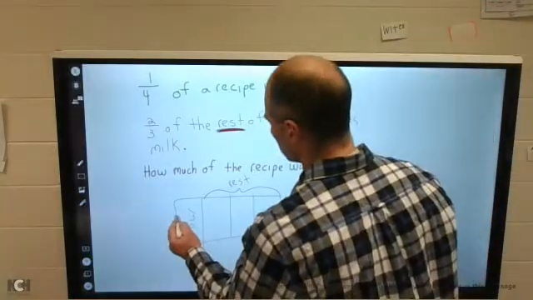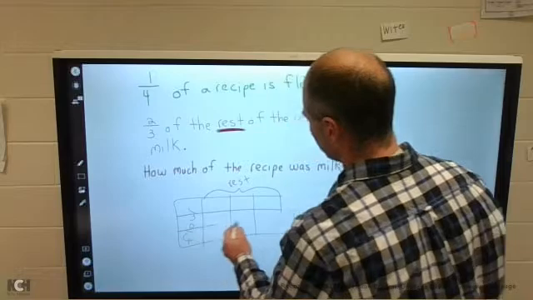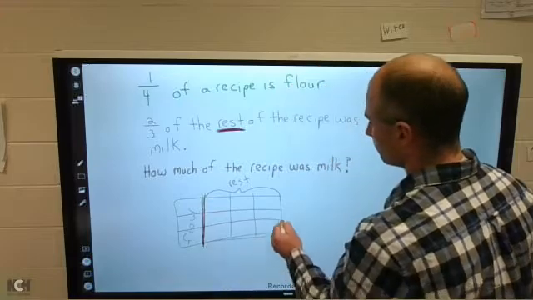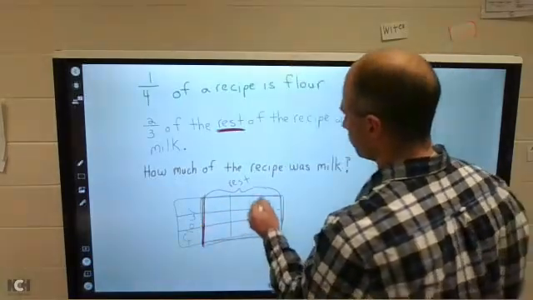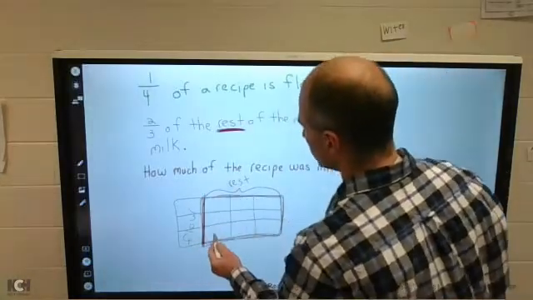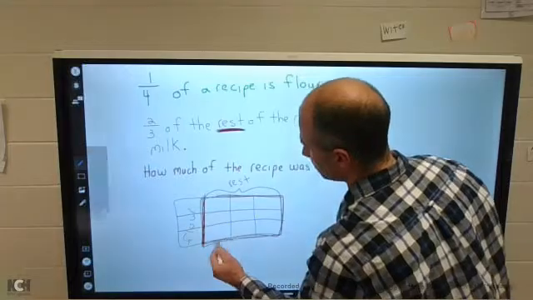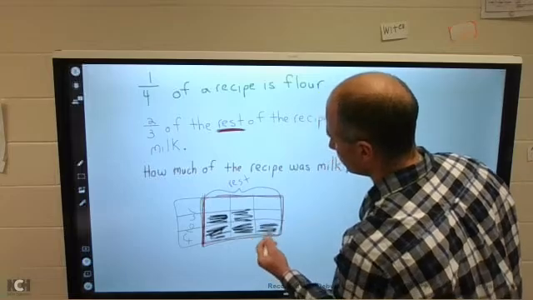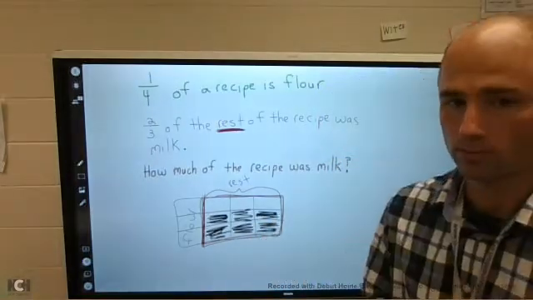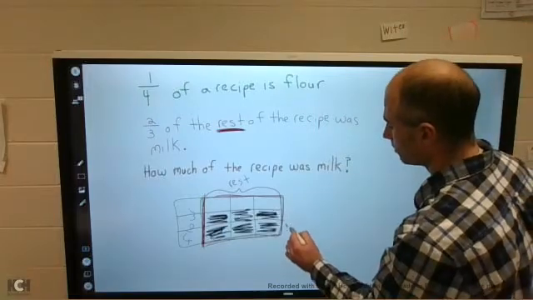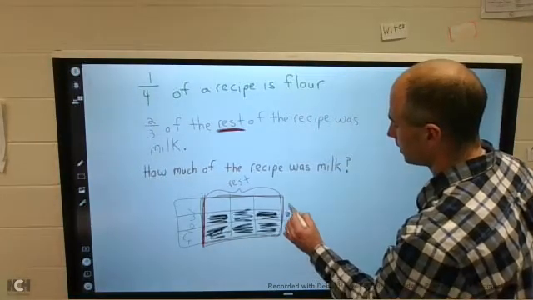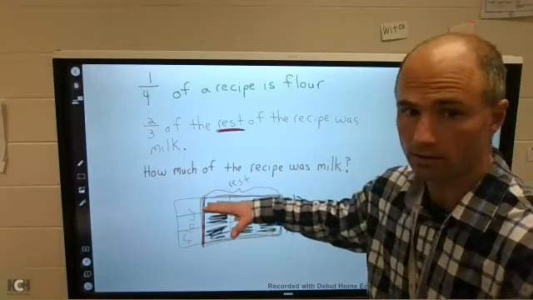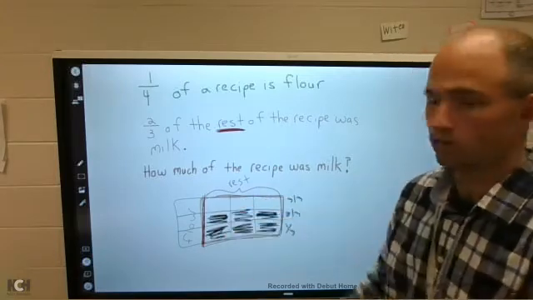So I'm going to break this up into thirds and recognize that out of the rest here, two-thirds is being used for milk. 1/3, 2/3, and of course 3/3 is the rest. 1, 2, 3. 2/3 is for milk.